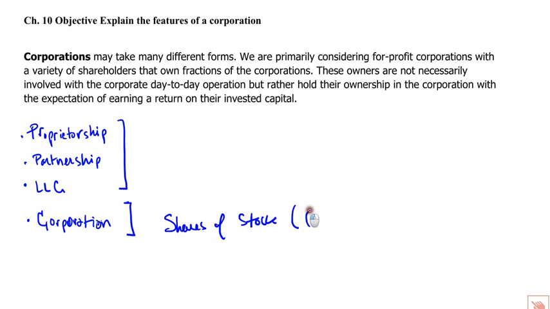So fractional ownership. You can own 1% of the company, 0.0001% of the company, 50% of the company, 100% of the company, and these shares are transferable. Proprietorship, this is one owner.